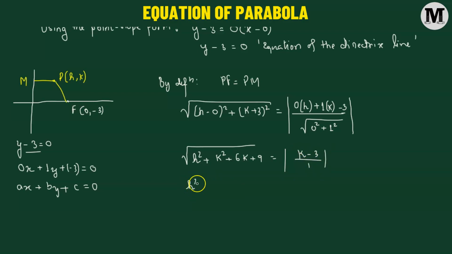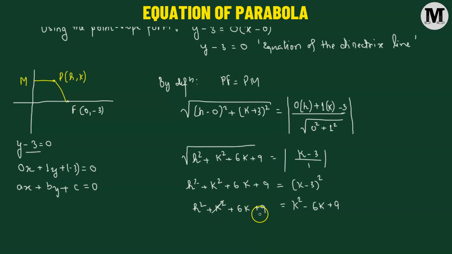We're going to square both sides to get h squared plus k squared plus 6k plus 9 equals k minus 3 whole square. So expanding k minus 3 squared, we get k squared minus 6k plus 9. And on the left hand side, we have h squared plus k squared plus 6k plus 9.